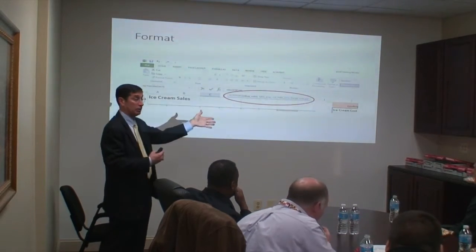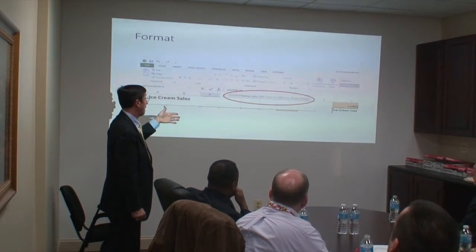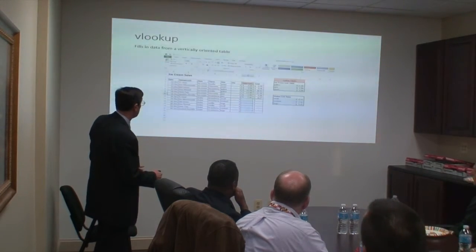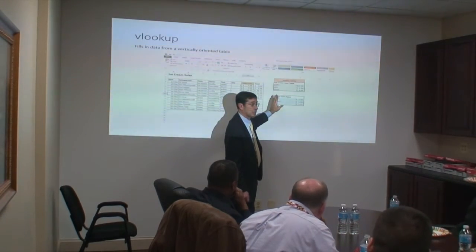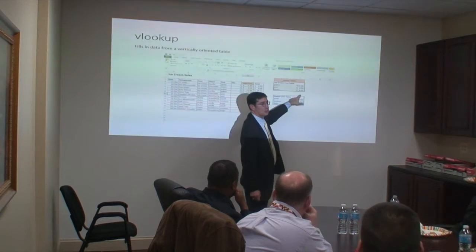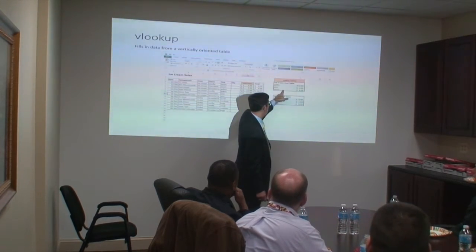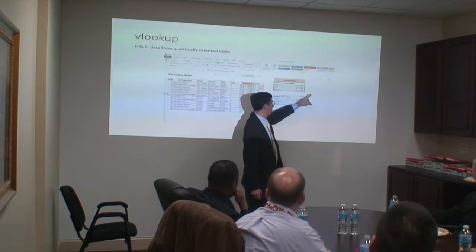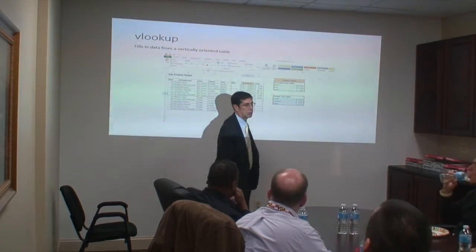That's going to populate the cell that the VLOOKUP is in. And then I need the index number for the column. So I've got a range of cells here. In this instance, it's simplistic because it's only 2 columns. But say I had a whole bunch of columns, I can tell it you're going to pull from the 5th column. In this instance, the number's 2, simply because I'm pulling the cost from the 2nd column.